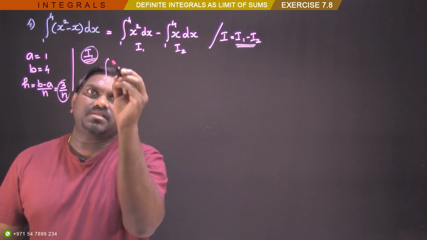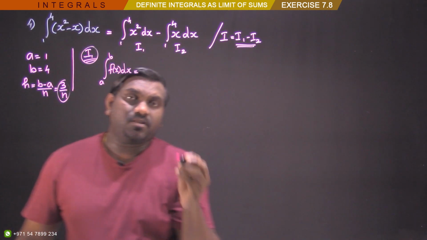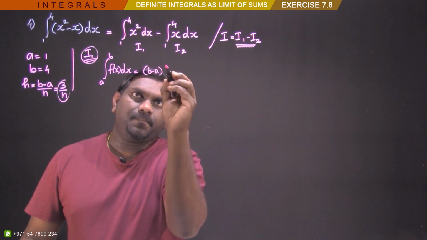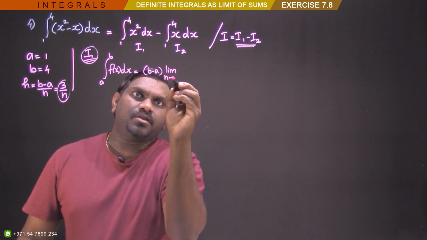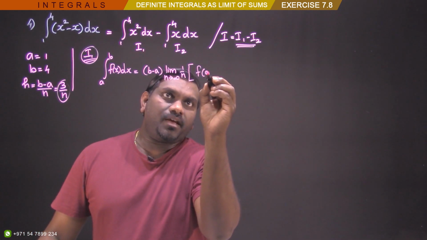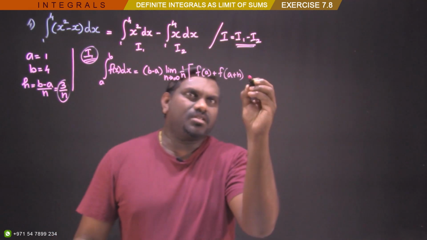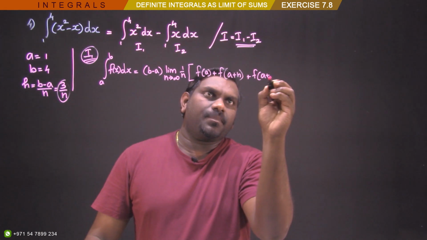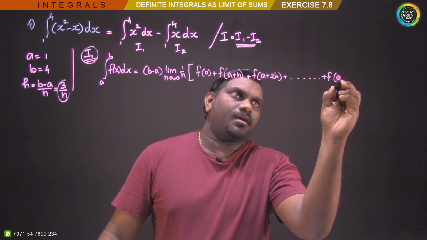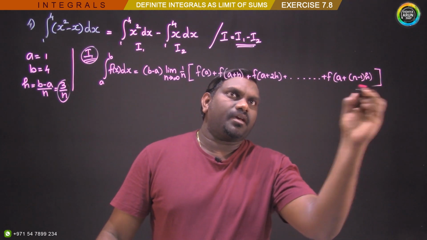If it is integral a to b f of x dx, then it will be b minus a, limit n tends to infinity, 1 by n, f of a plus f of a plus h, the second one, f of a plus 2h and so on, and it goes till a plus n minus 1 h dear. This is what I have.